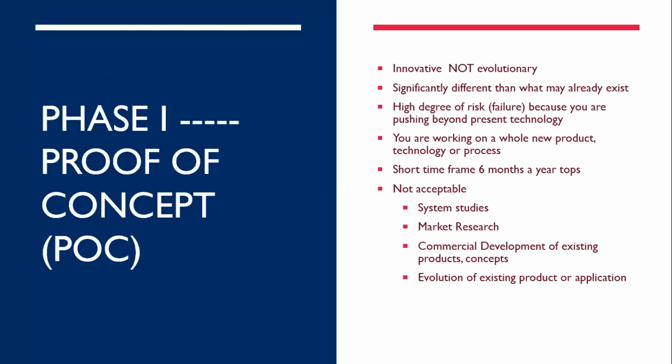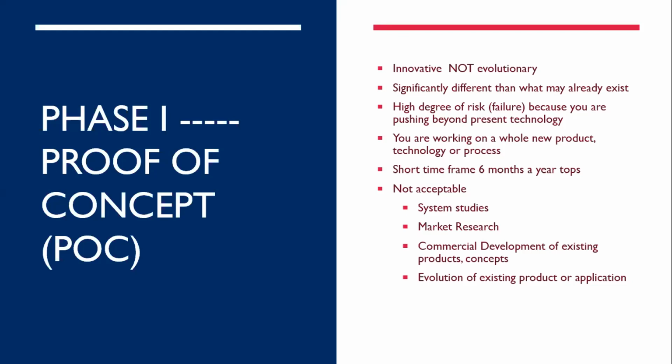What does an SBIR application involve? Well, usually it's 2 phases. Phase one is your proof of concept, POC. And it's very important for you to realize that it needs to be innovative, not evolutionary. You need to have something that is innovative and not basically an evolution of a technology or a science that is already out there.